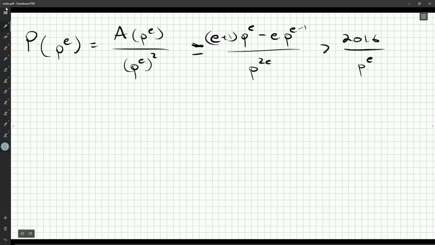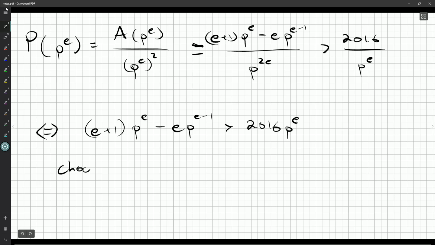Multiply both sides by p to the 2e. And I'll have to have it greater than 2016 p to the e.